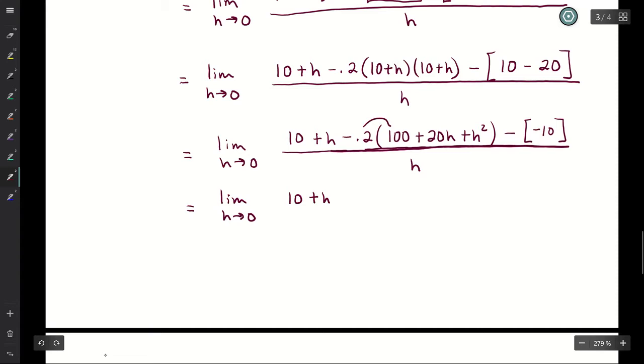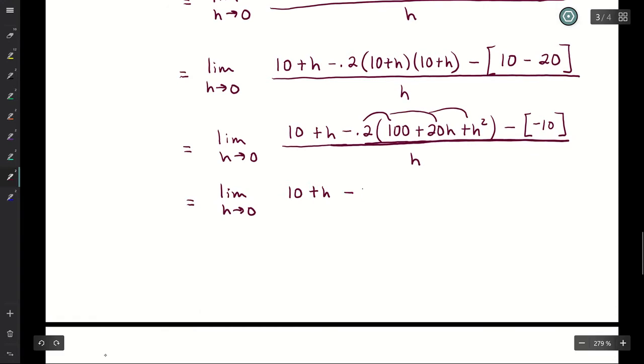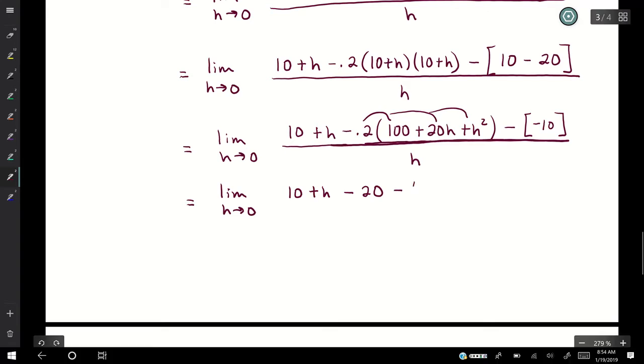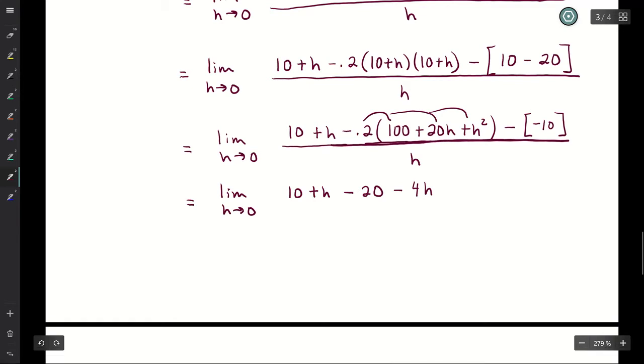Go ahead and distribute this 0.2 through to those particular values. So negative 0.2 times 100 would be negative 20. And then negative 0.2 times 20 ends up being negative 4h. And then negative 0.2 times h squared would end up being negative 0.2h squared. And then negative times negative 10 would end up being positive 10. And then all this is over h.